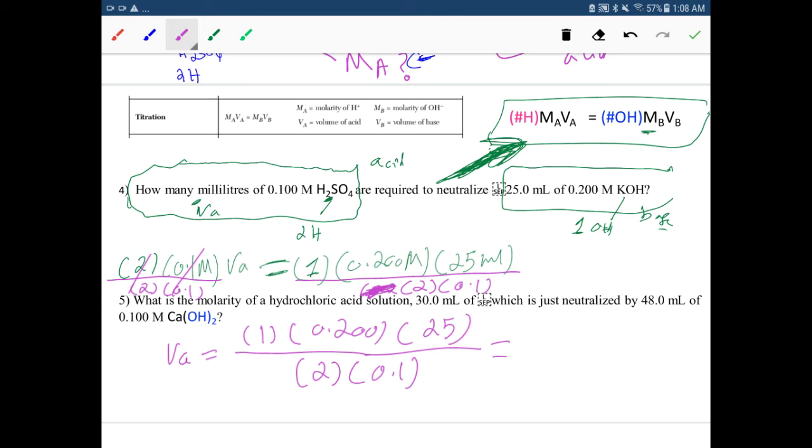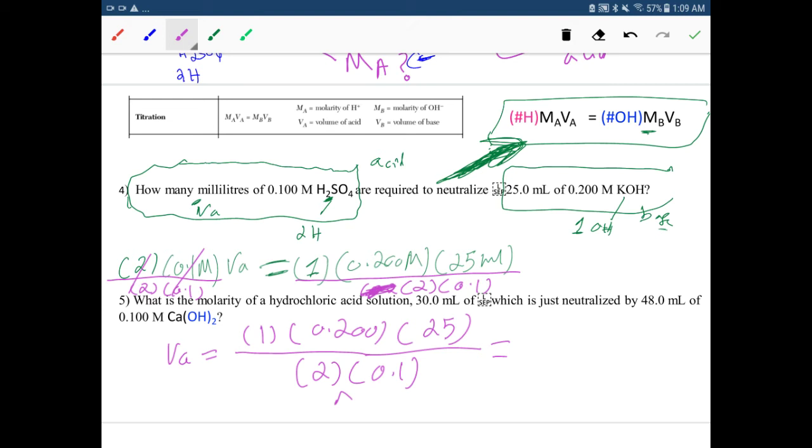For this type of question, remember to multiply these before dividing. You have to multiply 2 times 0.1 before you divide. Otherwise you're going to get the wrong answer.